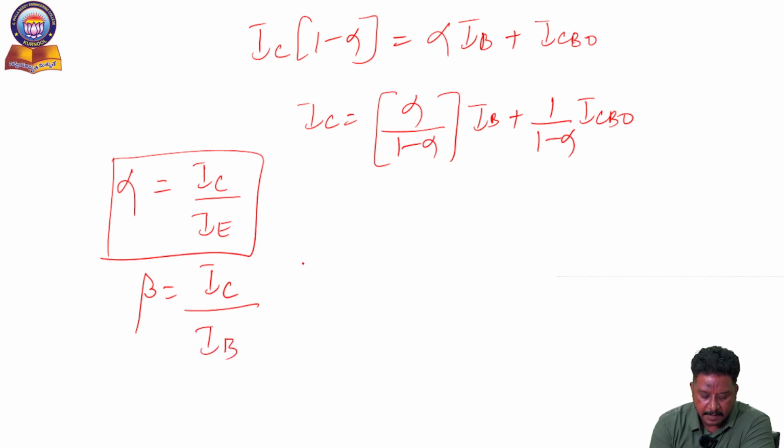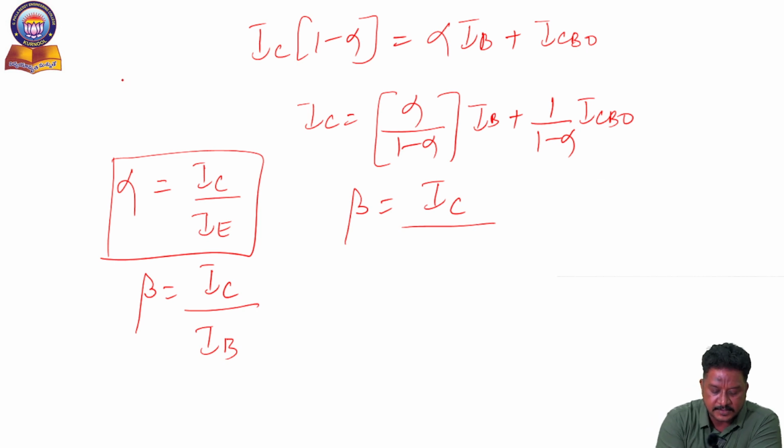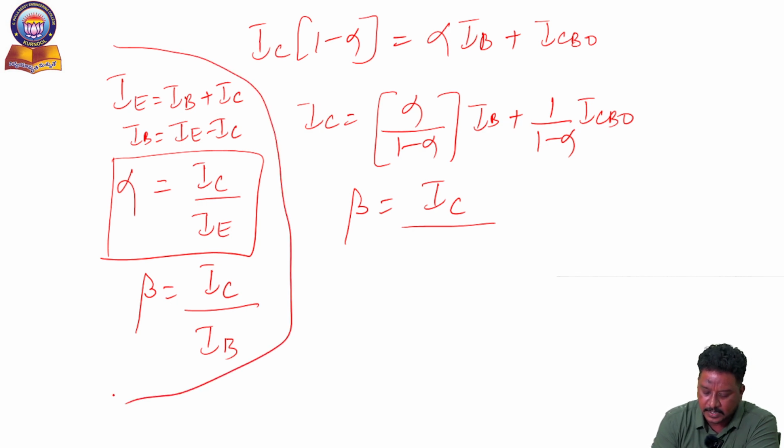So I am defining that beta is equal to IC by IB. From the transistor definition, we know that IE is equal to IB plus IC and IB is equal to IE minus IC. This we already know from the basic working of a transistor.